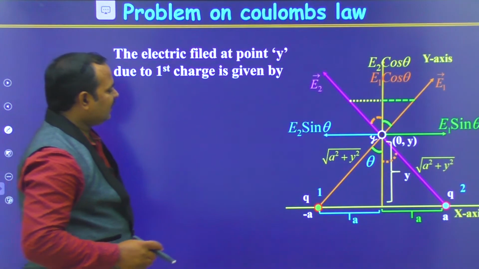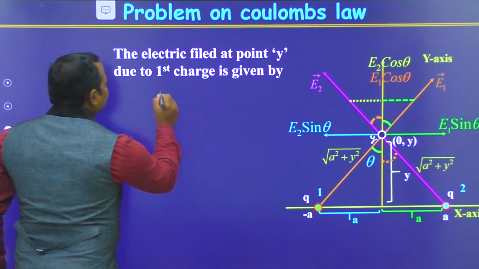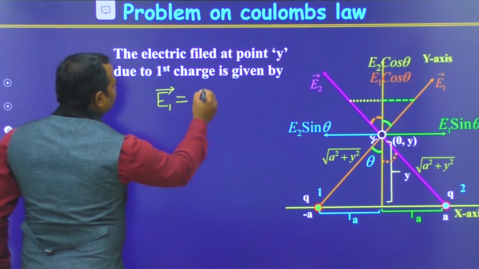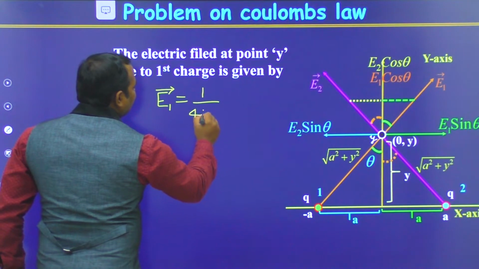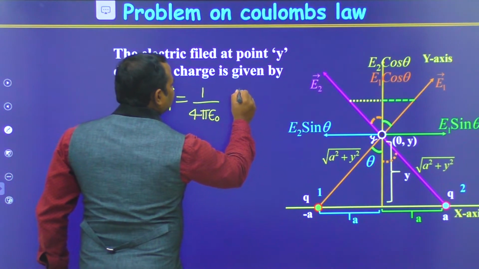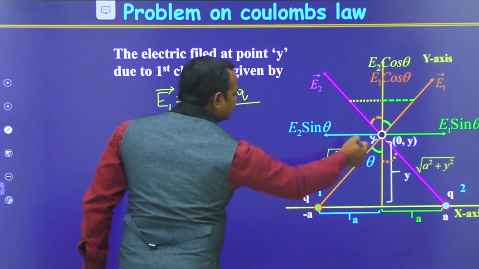So the electric field due to charge 1 at y is given by, we have written the electric field is represented with E1 bar, which is equal to 1 by 4 pi epsilon naught into the charge q by r square. R is the distance here between these two points.